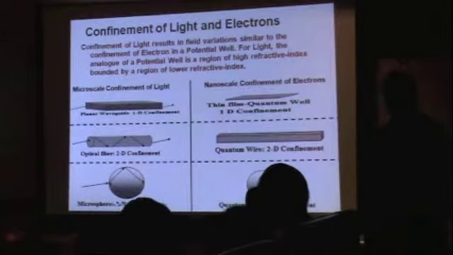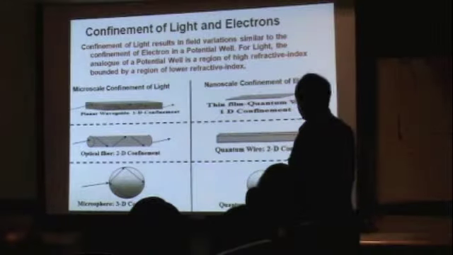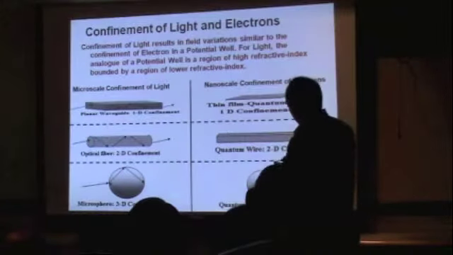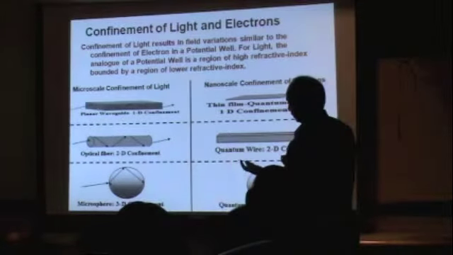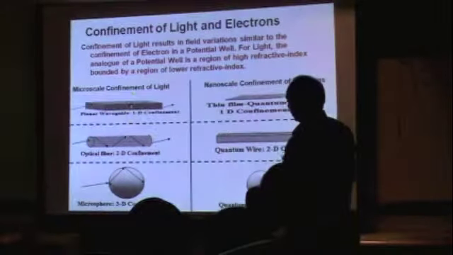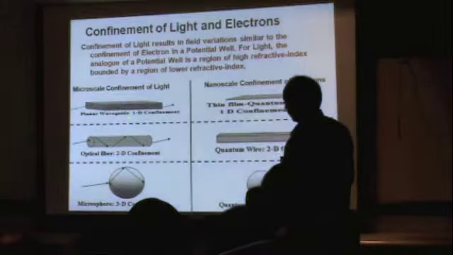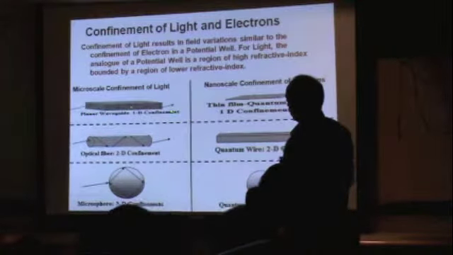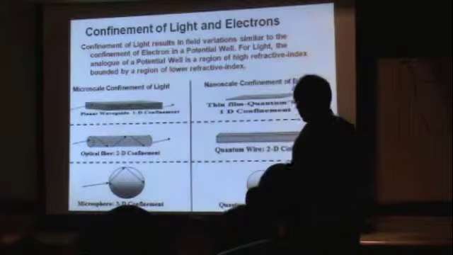There are other areas of similarity as well. People make waveguides, like planar waveguides. Once again, similar to what I said before, you have a high refractive index medium and a low refractive index medium on either side. So light, of course, bounces back and forth like this. It does not go on the low refractive index side.